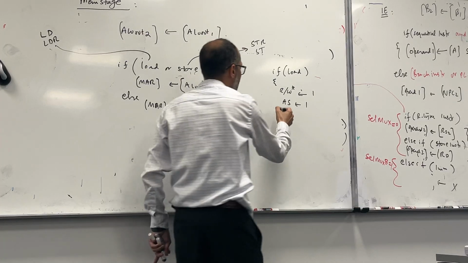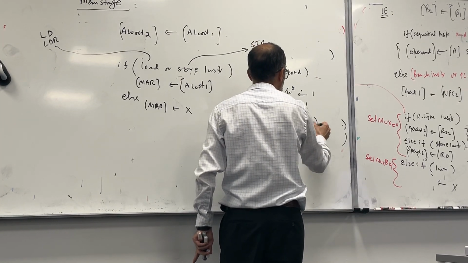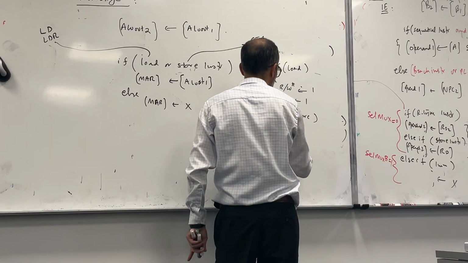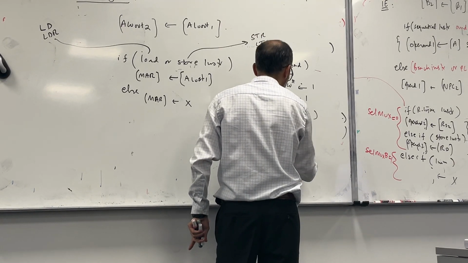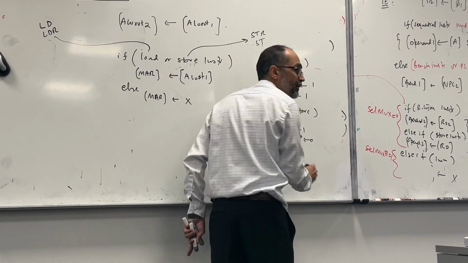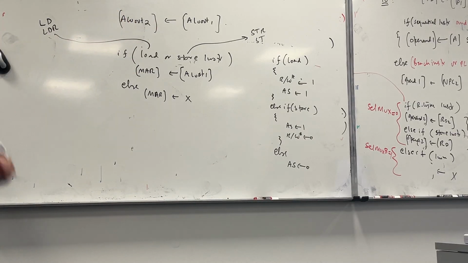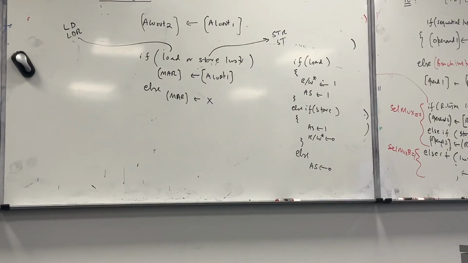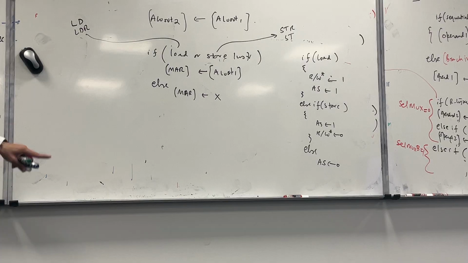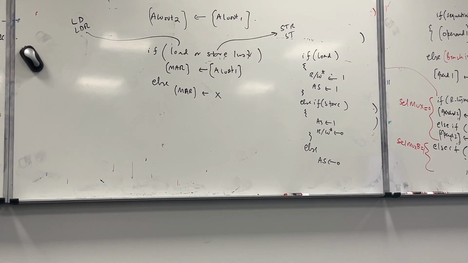Else, if it is a store instruction, address row will be 1. Read write bar will be what? 0. And else, address row will be 0, because we do not need a memory stage for add instruction, for subtract instruction, and so on. Any question?